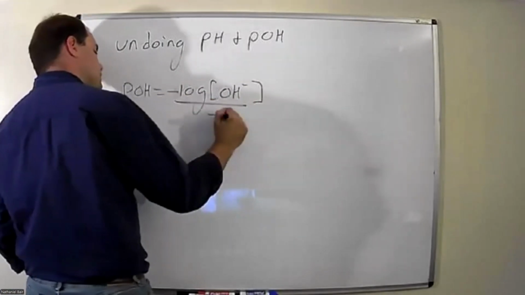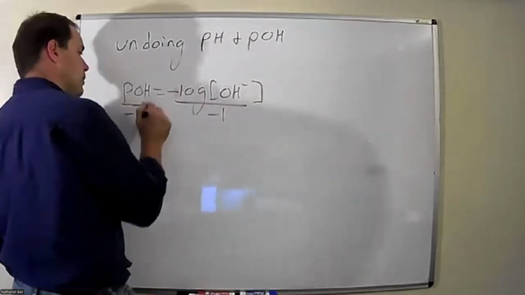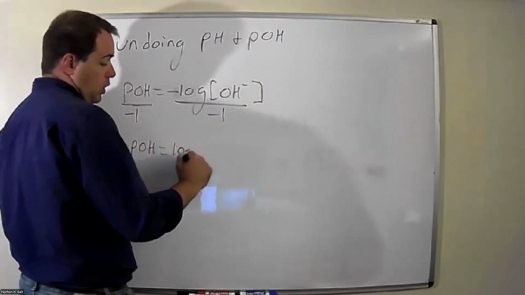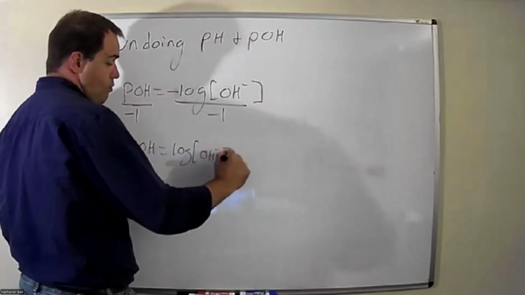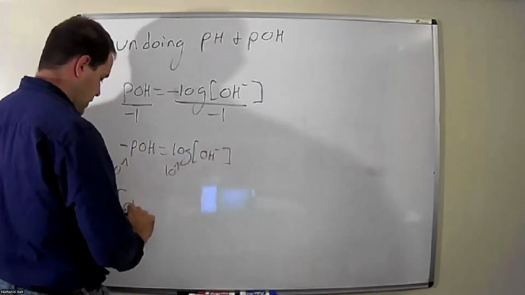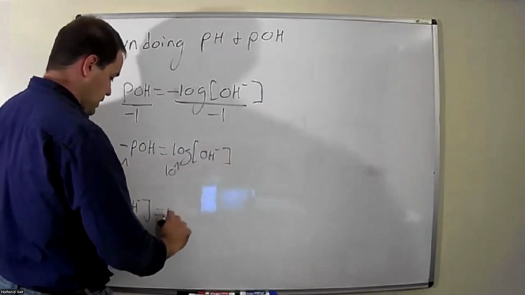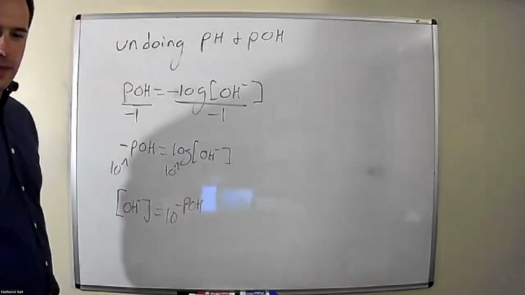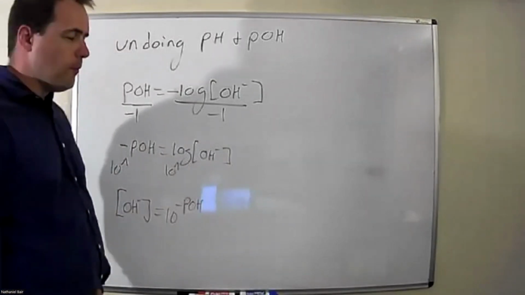If we want to get this in terms of hydroxide, we divide by -1. So negative pOH equals the log of hydroxide. 10 to the on both sides. The hydroxide ion concentration equals 10 to the negative pOH. And that's how we get our hydroxide, 10 to the negative pOH.